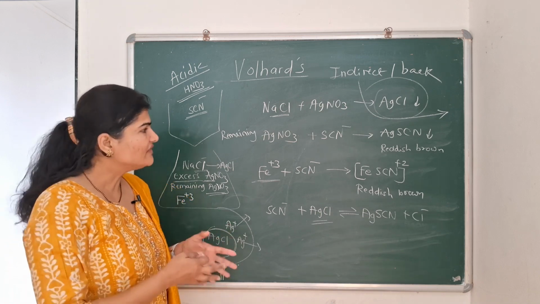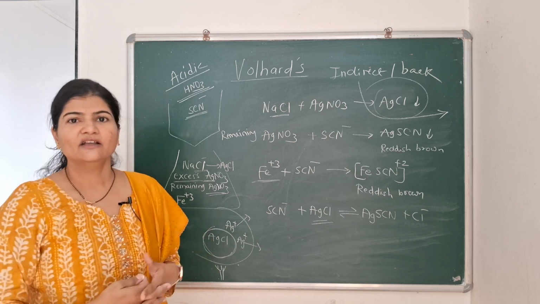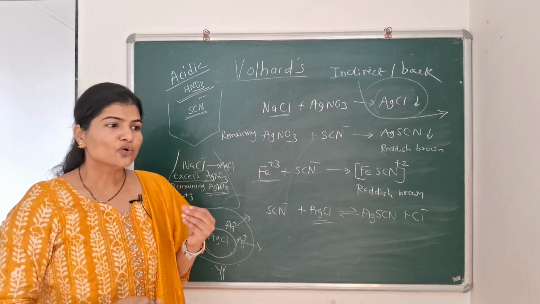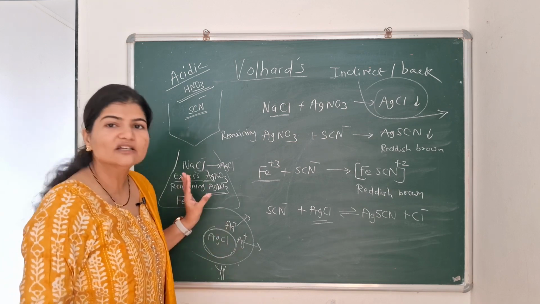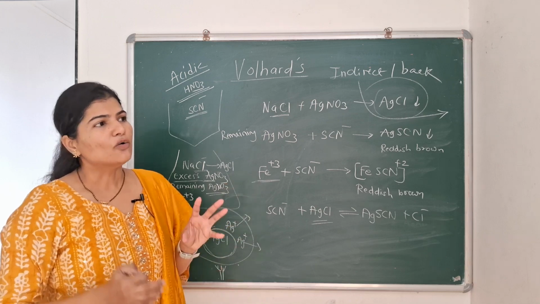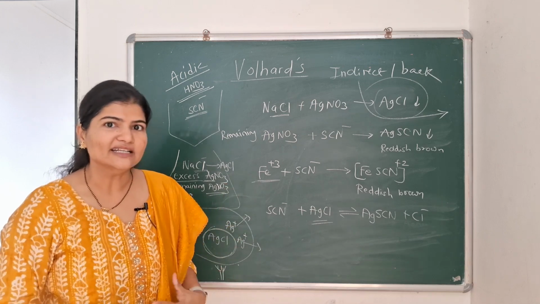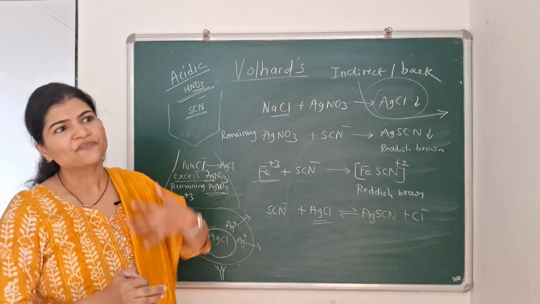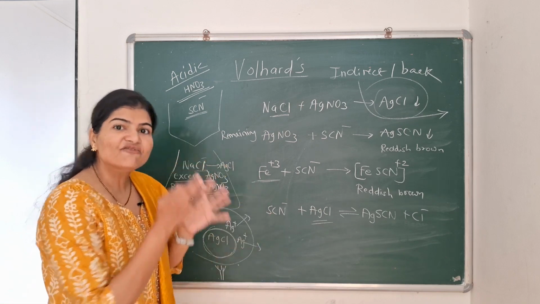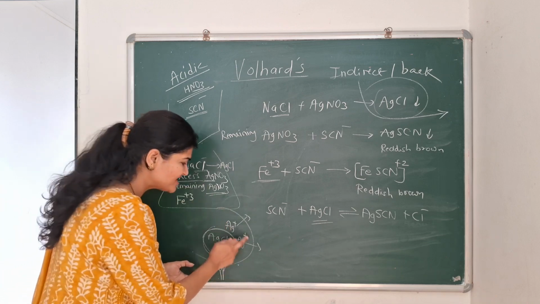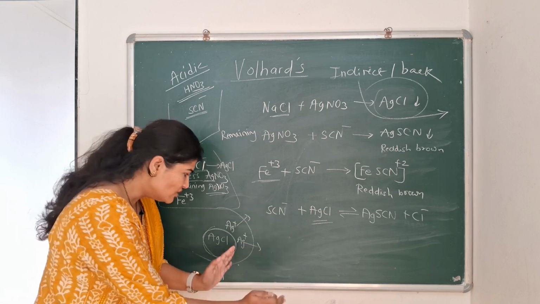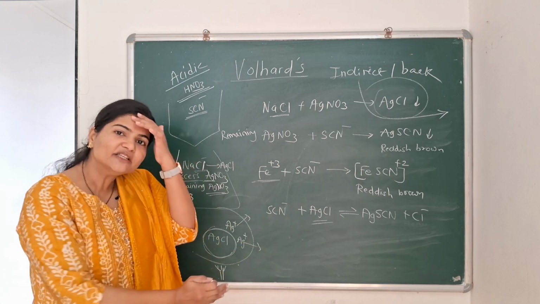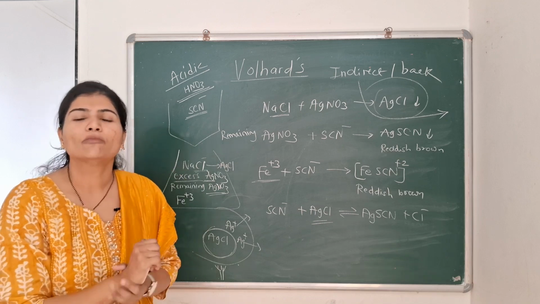Then yes, what we can do is add a coagulant. A coagulant like potassium nitrate can be added to the solution itself. Now when a coagulant is added, it actually prevents the adsorption of silver ions on the AgCl PPT. The coagulant reacts with the AgCl PPT and makes it immobile.